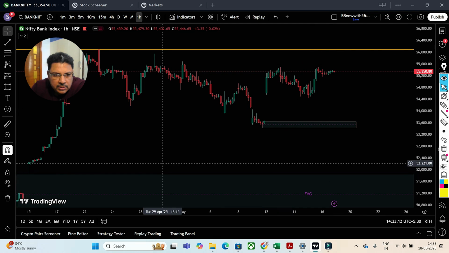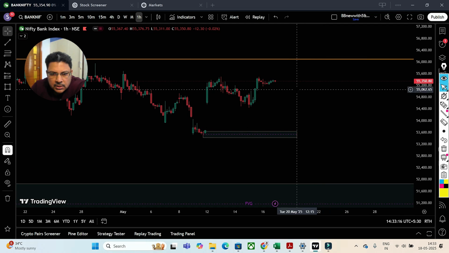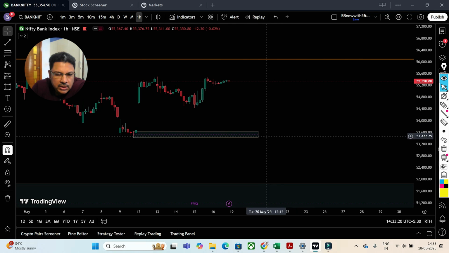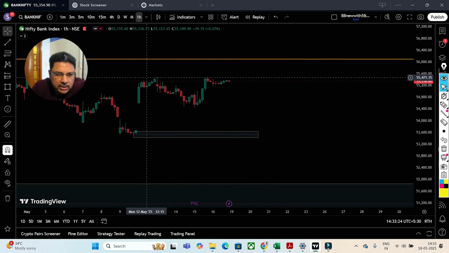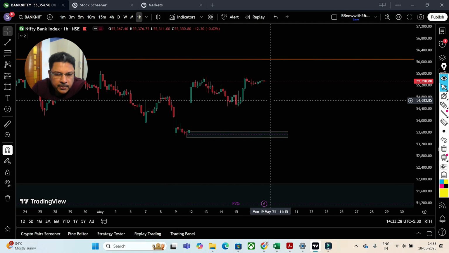Then we have another zone which is just below this fair value gap. So it can stay for a couple of days tapping into the zone, or if there is too much momentum, then it can go up, because the market closed near the previous high.